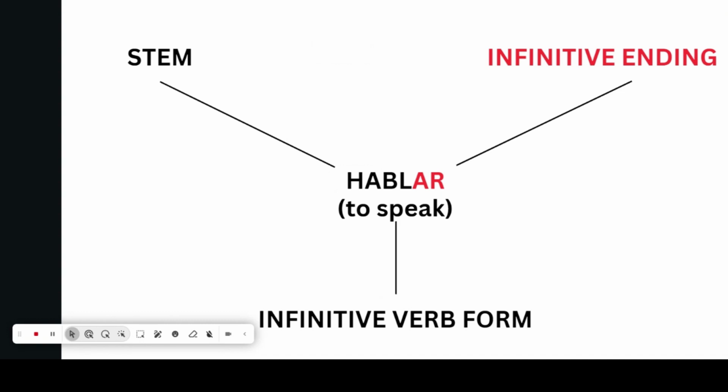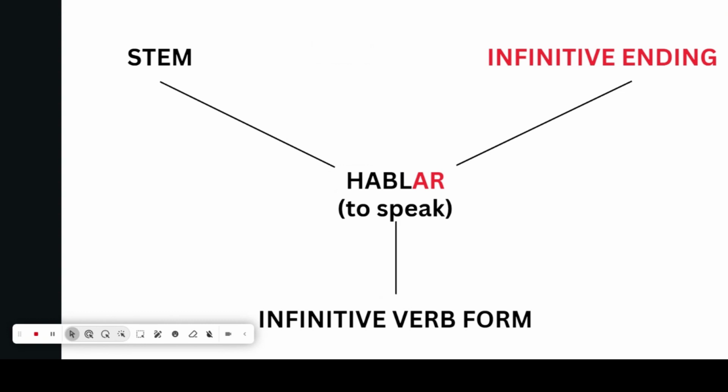The infinitive verb form is the form of a verb that is not conjugated at all, meaning it's not saying he runs, it's not saying she runs, it's just to speak. It's not directed to a specific subject or person doing that action.